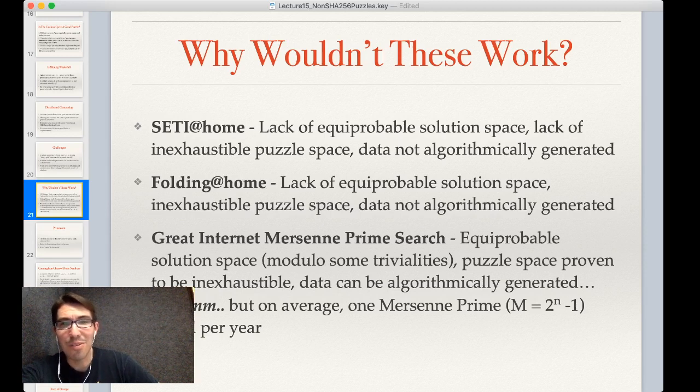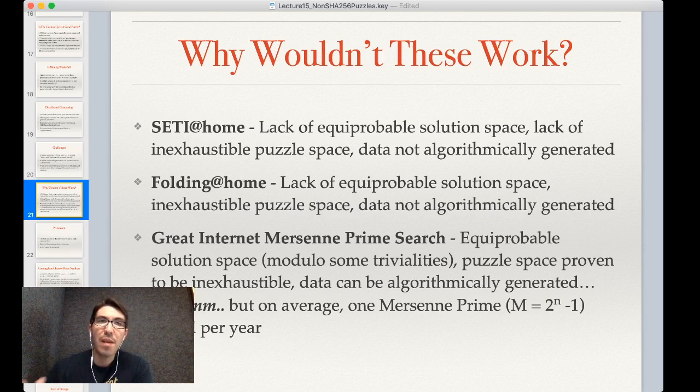It's going to be hard to verify that you actually have found a signal, right? There are certainly some checks, but there are all sorts of different ways that this would have to be checked by someone. And this data is not really algorithmically generated. We know we're getting it from space. It means we're getting it at least from a radio telescope or someone who claims to be a radio telescope. So all sorts of problems with using this as proof of work.